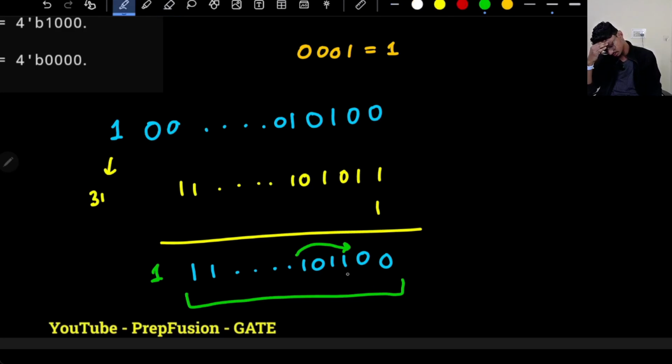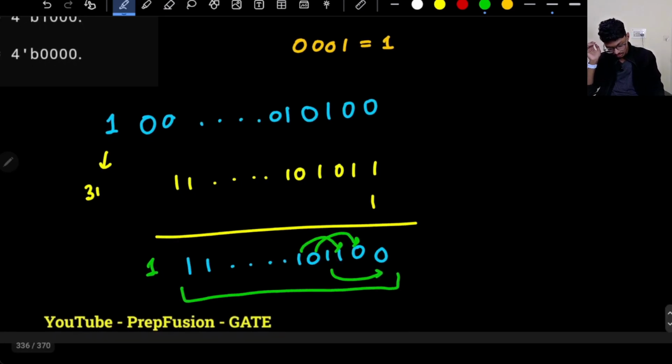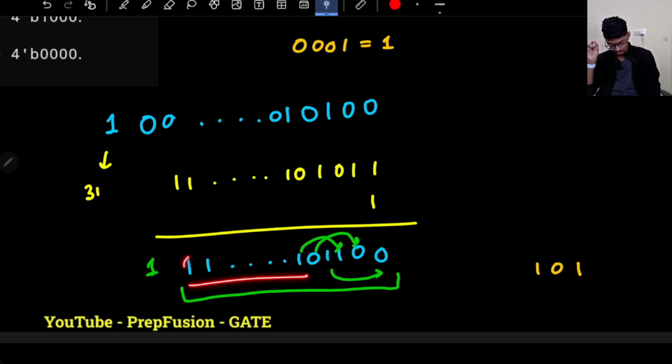After 3 bits, this first bit, second bit, third bit, this one will come here, this will be first bit, second bit, third bit, this one will come here. So basically what will I get? This will be 1, then it will be 0, then it will be 1, and after that everything is 1, so everything will be 1 after this.